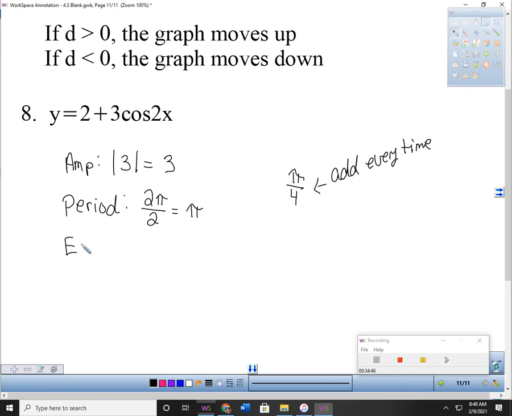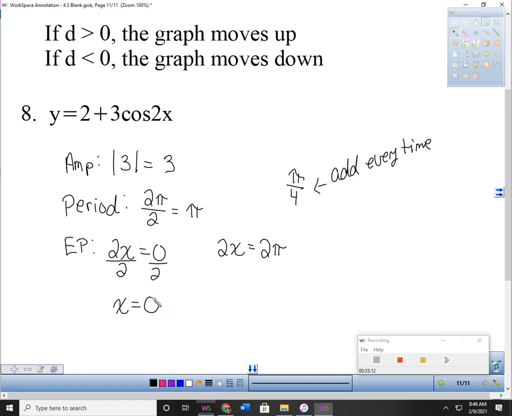All right, so for my end points, I'm going to take whatever I'm taking the cosine of, which in this case is 2x, and I'm going to set that equal to 0. And I'm going to set it equal to 2 pi. So I divide by 2. So x equals 0.